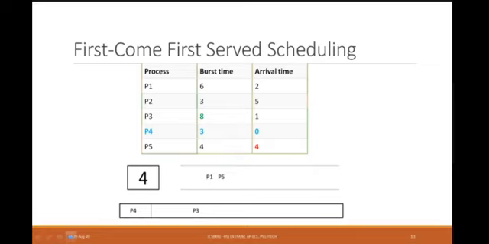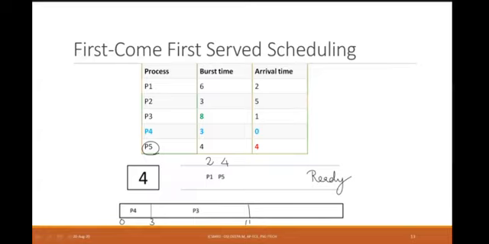One more process, P5, will enter into your ready queue, and there is already P1, which entered at time 2. At time 4, P3 is still under execution, right? Because it has to go till 11. So this will be the case at time 4.